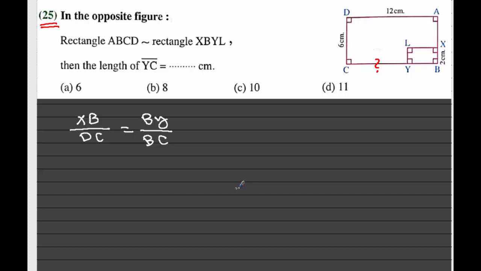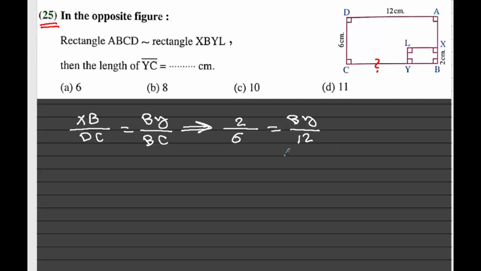Okay, and now we substitute. What is the length of XB? XB from the figure equals 2 and DC equals 6, equals BY, it is unknown, over 12. 12 is the length of BC, as BC equals DA.